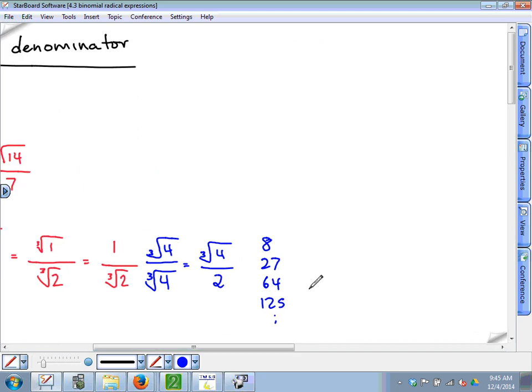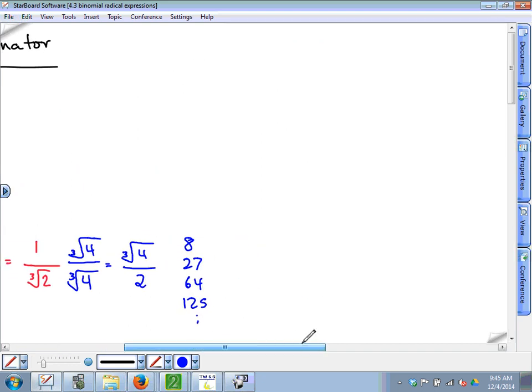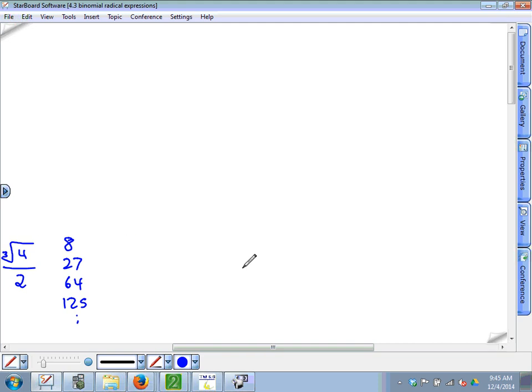Here's one more quote-unquote review problem. What about the square root? Ooh.